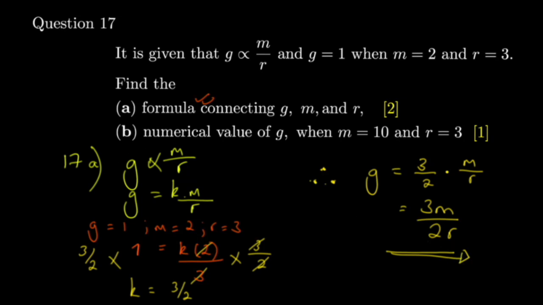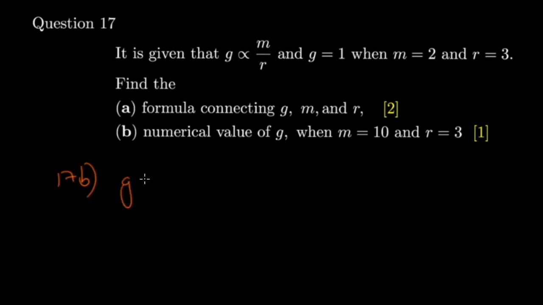And you can see that when you substitute, let's say M equal to 2, you get 6 on the upper part. And when you substitute R equal to 3, you get 6 on the lower part. And 6 divided by 6, you get 1. So you can actually verify this whilst you're in the exam. So we got G equal to 3M over 2R. That's what we got.